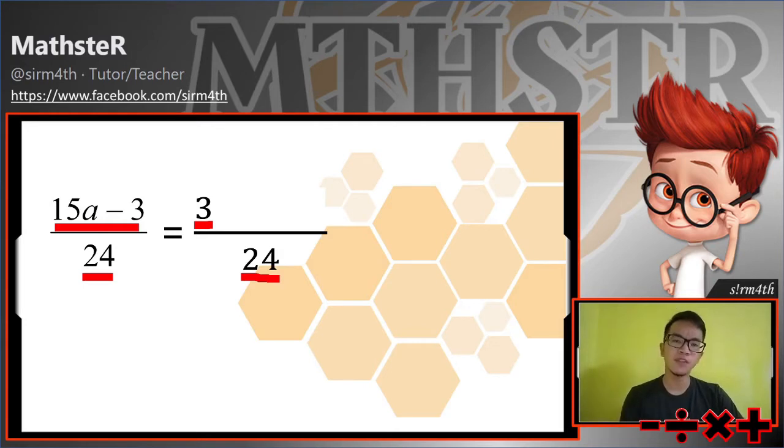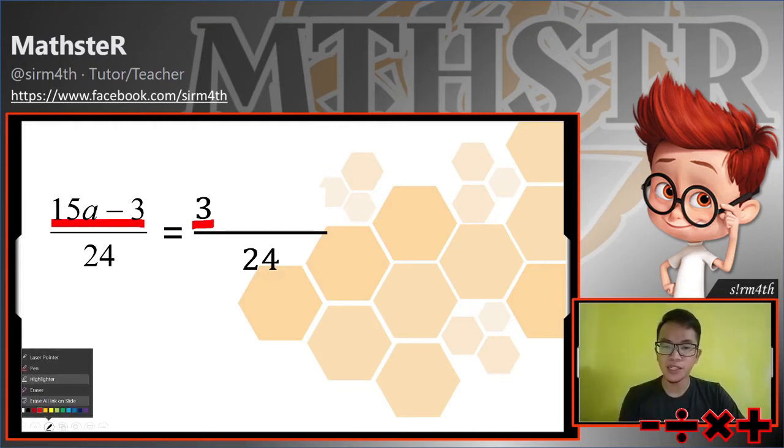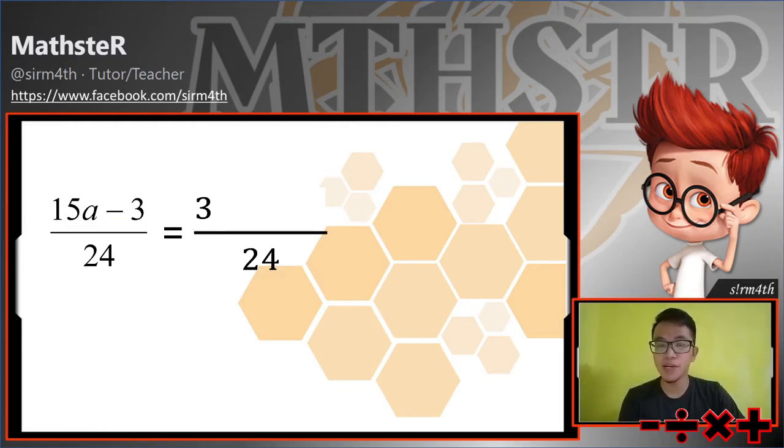So, if you are going to factor this numerator, then you need to get the common monomial factor of this 15a minus 3. So, this 3 here is the common monomial factor of 15a and 3 since we can divide these terms by 3. Let's start dividing 15a minus 3 by 3.